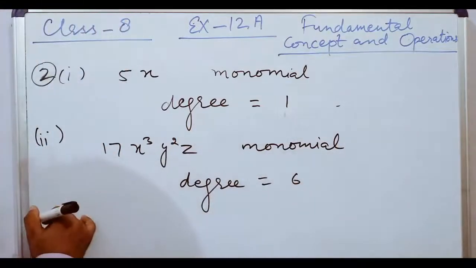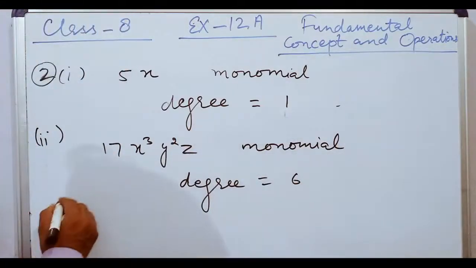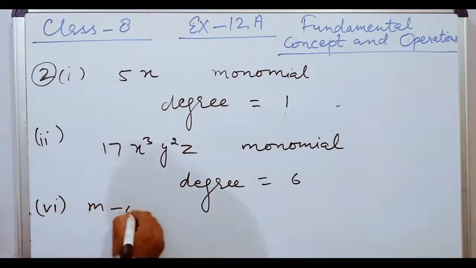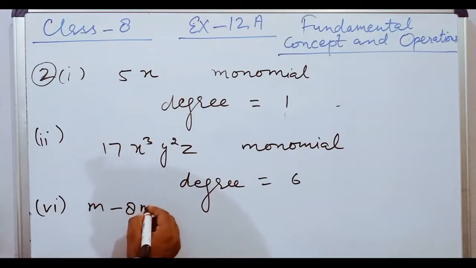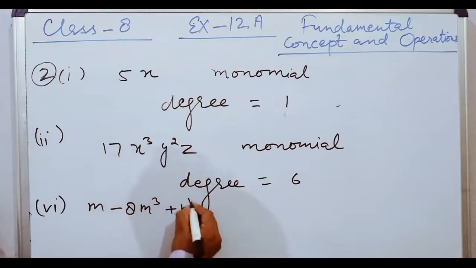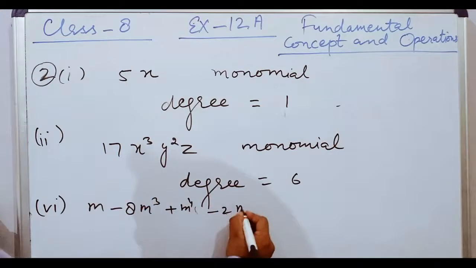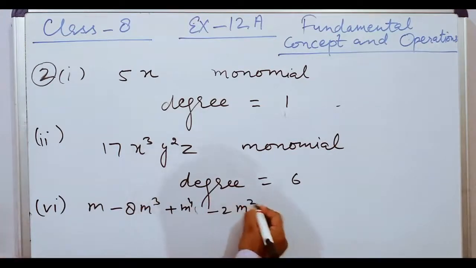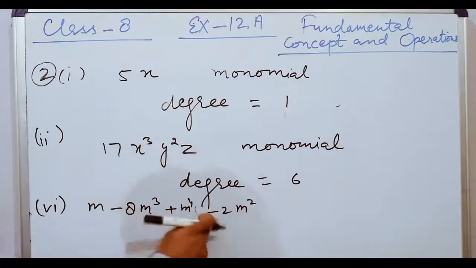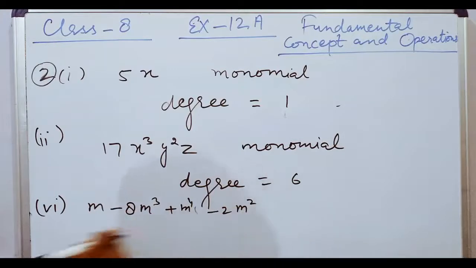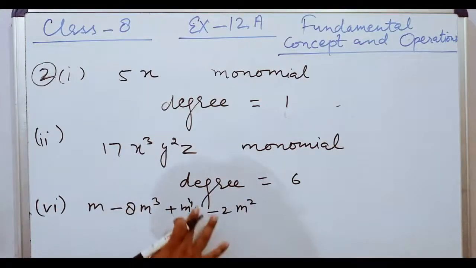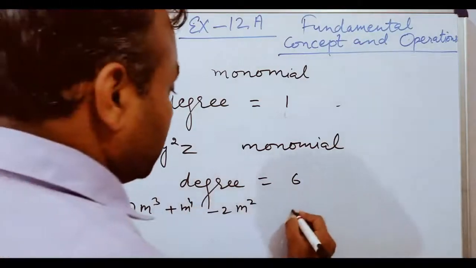Now, m minus 8 m cube plus m to the power 4 minus 2 m square. See here minus, plus, minus: 4 terms. More than 3 terms means polynomial.